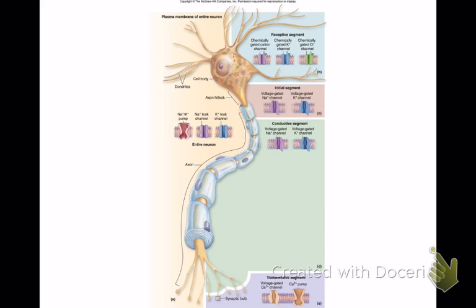Does everybody understand propagation? It's because the ions are flowing. When you open those sodium voltage gates, sodium ions are just flooding into that cell, and that creates the electrical current that not only raises it to plus 30 there at that spot, but also travels through the axoplasm to the next little spot. Okay?